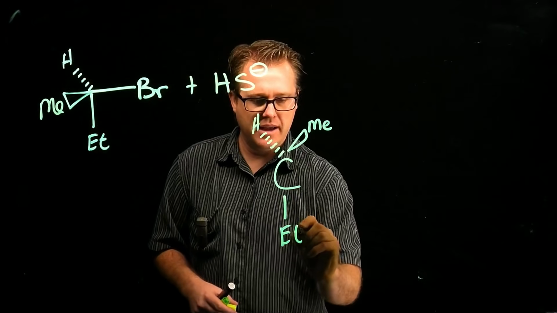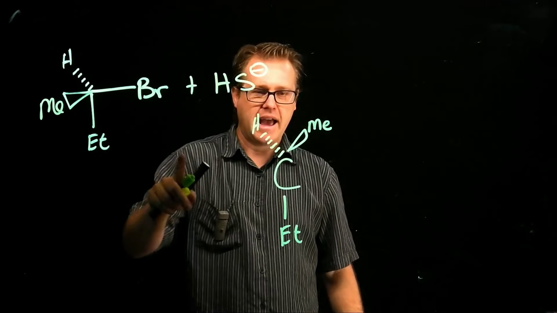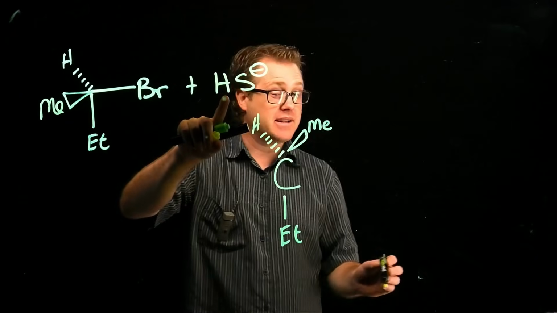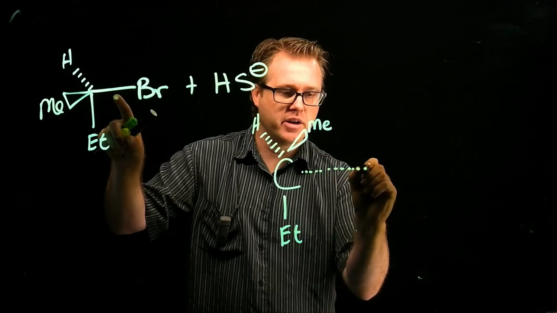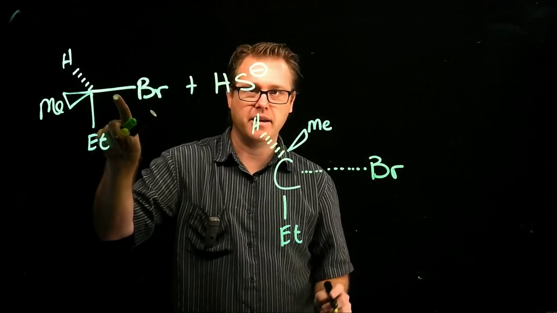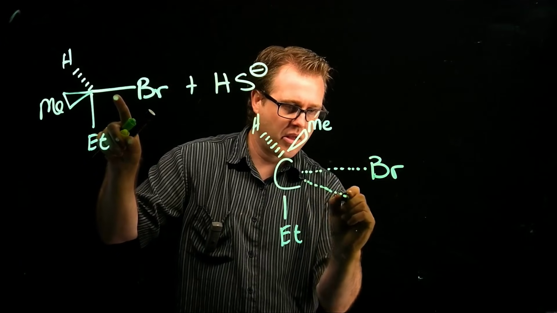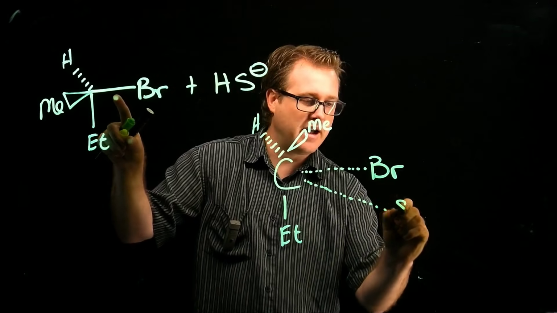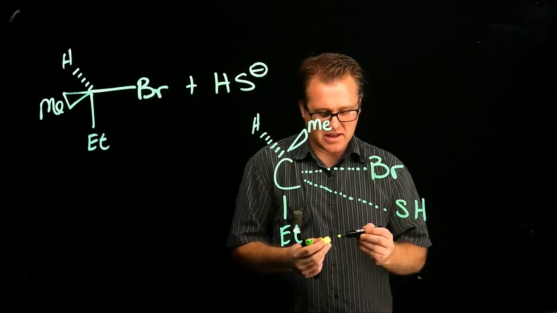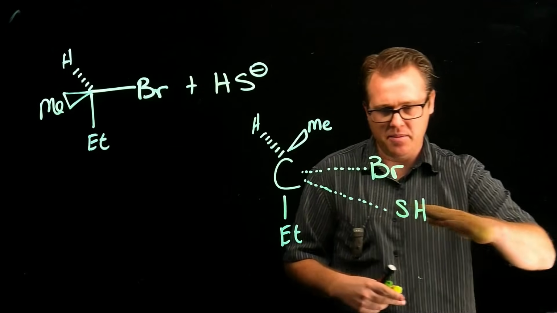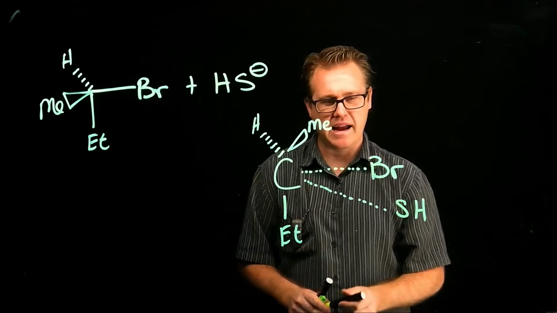And then there's my ethyl group here. So if this happened to be front side attack, what's going to happen then? The bromine bond is going to start to break, right? At the same time that the nucleophile bond is starting to form. Now this is kind of weird because this guy's trying to come in and this guy's trying to come out at the same time. It's a concerted reaction.